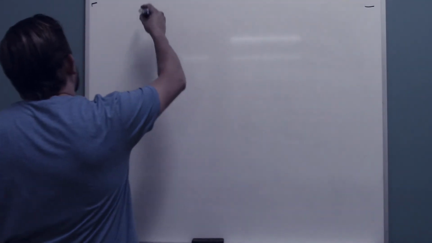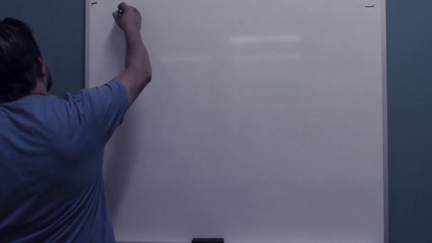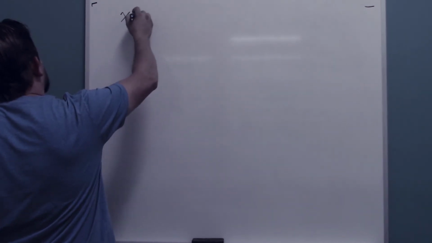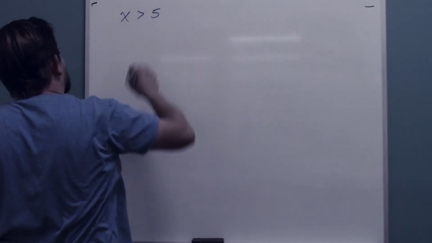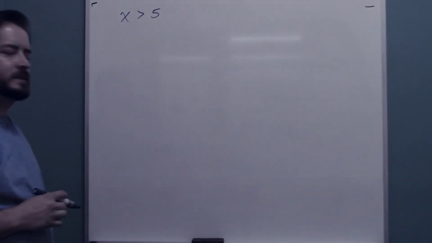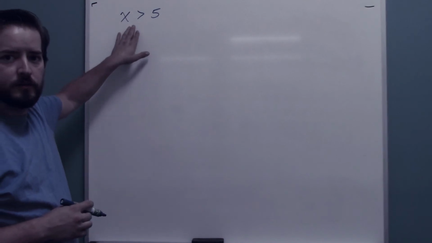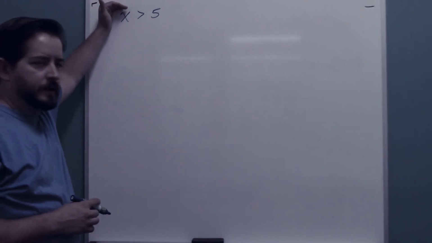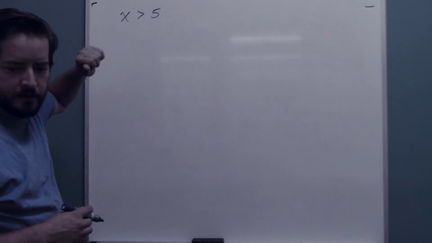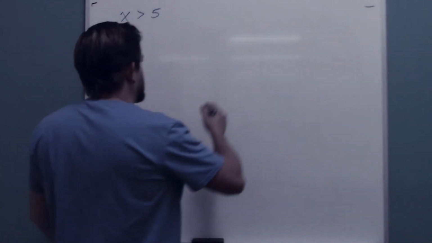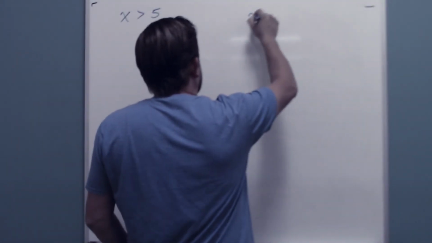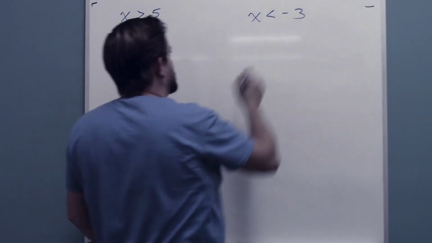So we might have, let's say, one set is all the numbers greater than 5. X is greater than 5, right? And so another one might be x is less than negative 3, and this is one of the examples from down below.